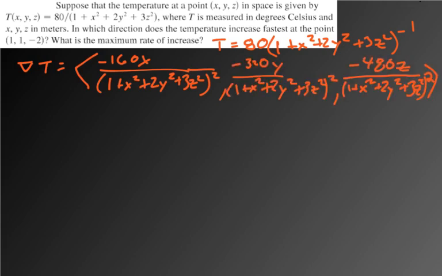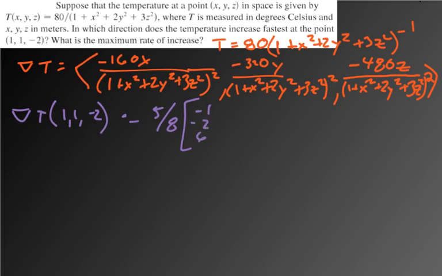All right, so that big messy thing is the gradient. And then we need the gradient of T at (1, 1, -2). This is just a lot of plugging in. It's not horrible because you get a lot of ones, which is nice. If you do this, you should see that you get 5/8 times the vector (-1, -2, 6).